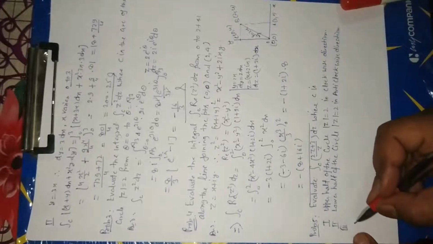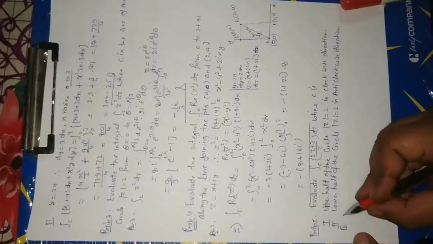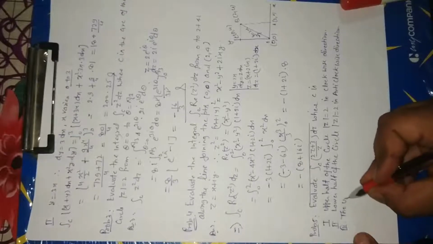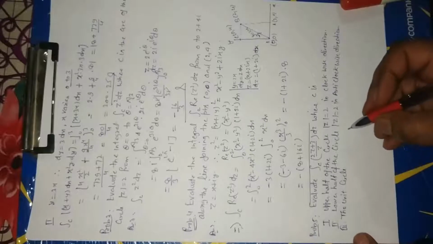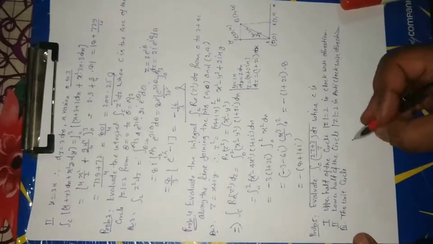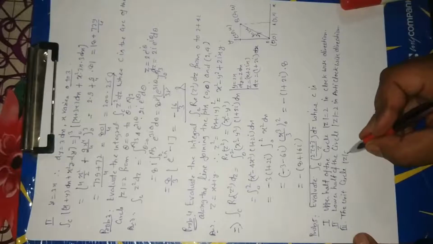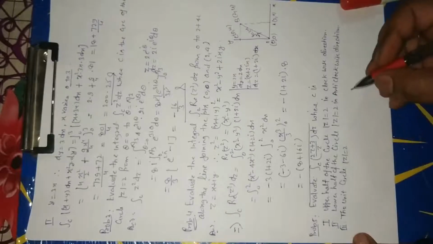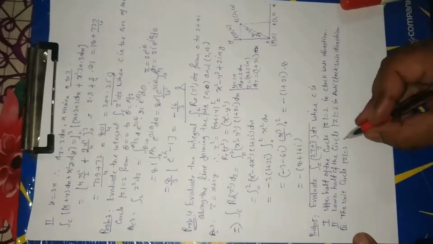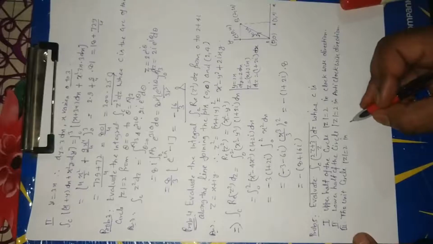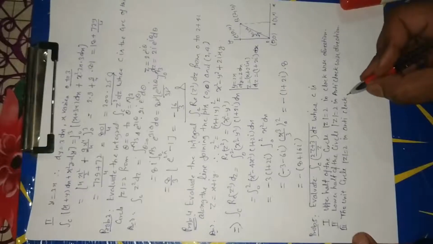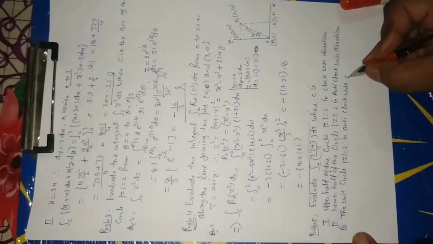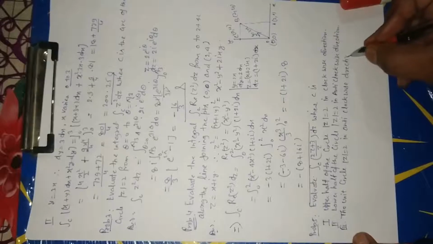Number third, the unit circle modulus z equal to 2 in the anti-clockwise direction.